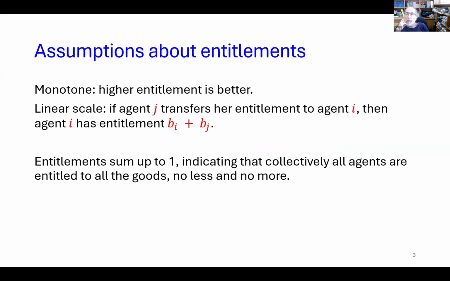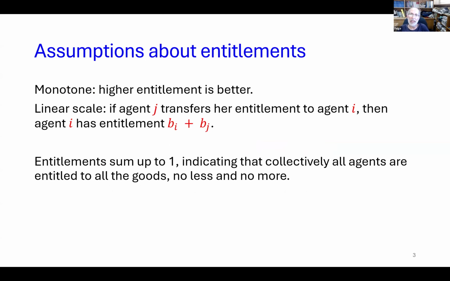So how do we interpret this entitlement? First of all, if we're talking about goods, it's monotone. The higher the entitlement is, the better. You're entitled to receive more. And we also assume that it has a quantitative interpretation, that it's measured in some linear scale.